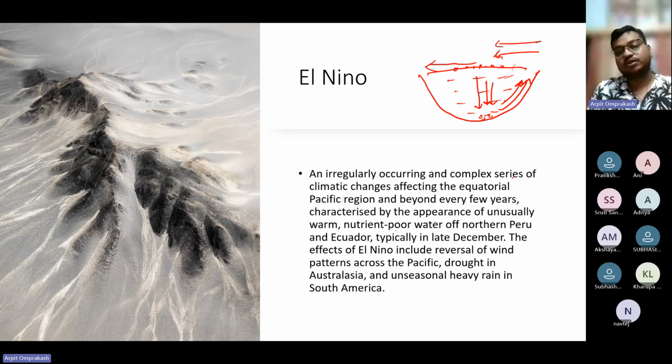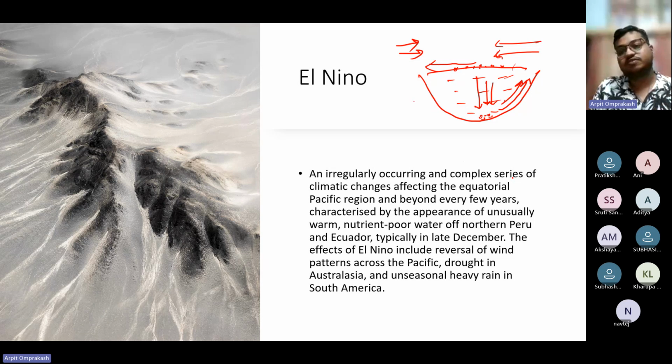However, during the El Nino, the direction of the wind changes. The wind flows from this direction, the warm water comes from the other side, and the water that is present here does not upwell near Peru, but probably goes somewhere else.